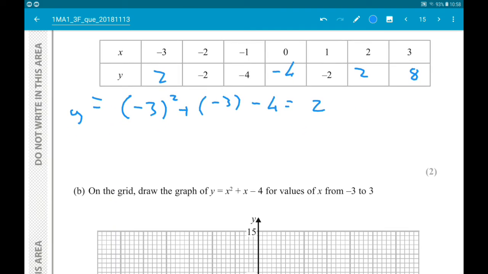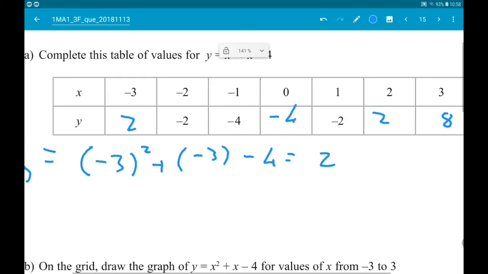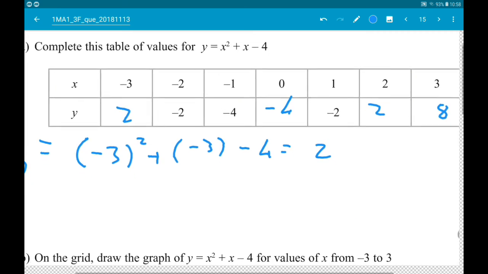Okay, then part B. On the grid, draw the graph of y equals x squared + x minus 4 for values of x from minus 3 to 3. So we need to plot each of our points from the table above. The first one is minus 3, 2.